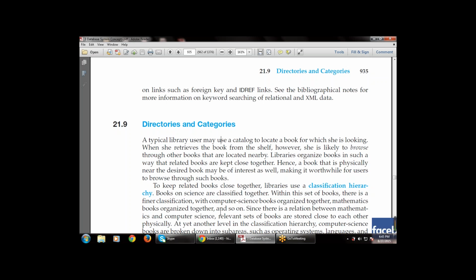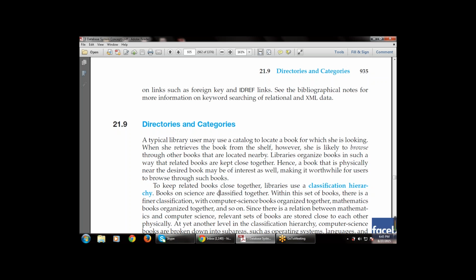Hence, a book that is physically near the desired book may be of interest as well, making it worthwhile for users to browse through such books. To keep related books close together, libraries use a classification hierarchy.